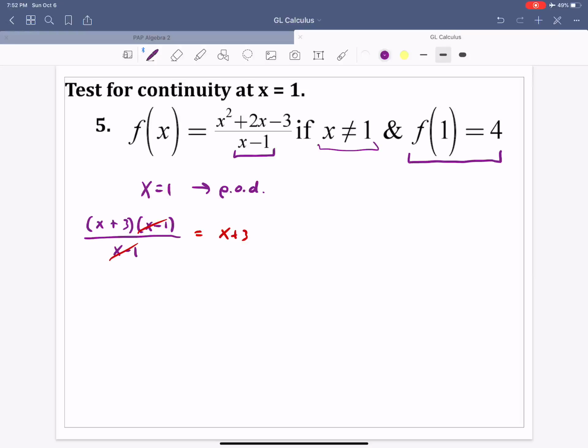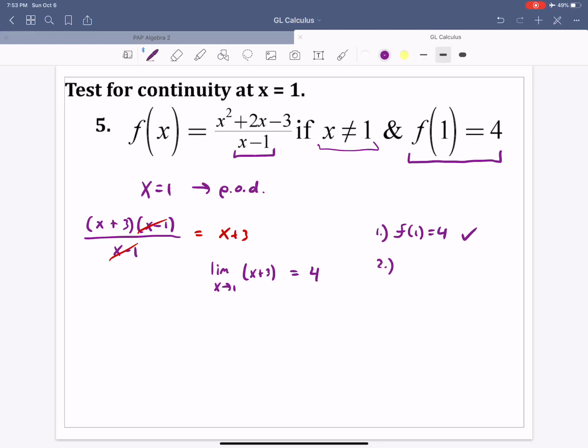So now we are going to evaluate the limit as x approaches 1 of x plus 3. Actually we can do direct substitution and we see that it equals 4. So here's what we have. Remember the three-part test for continuity. We have f of 1 is defined.